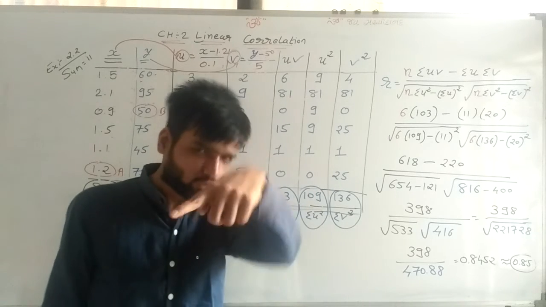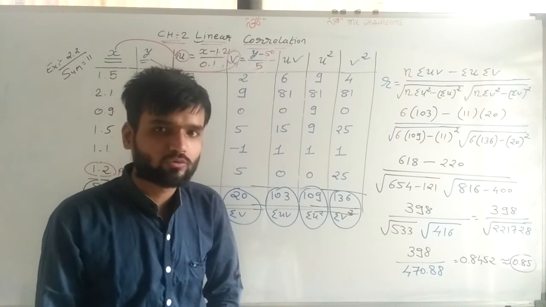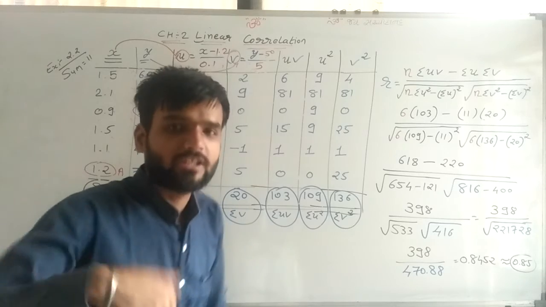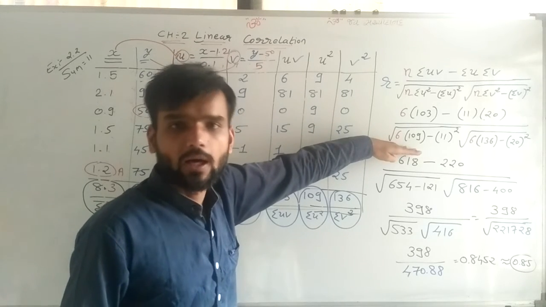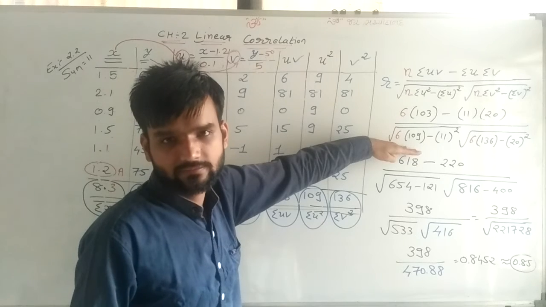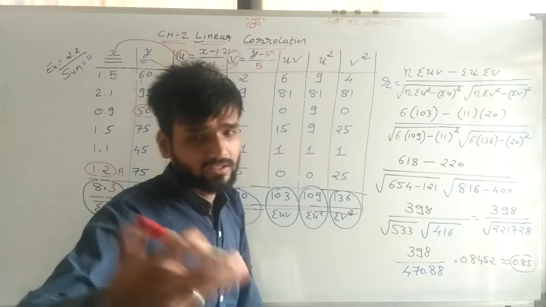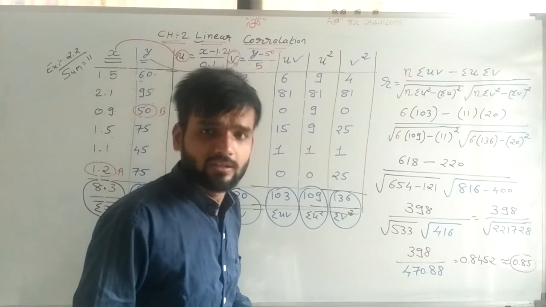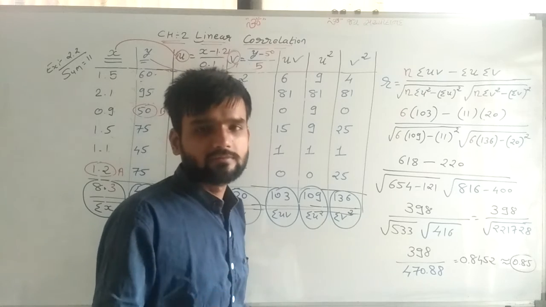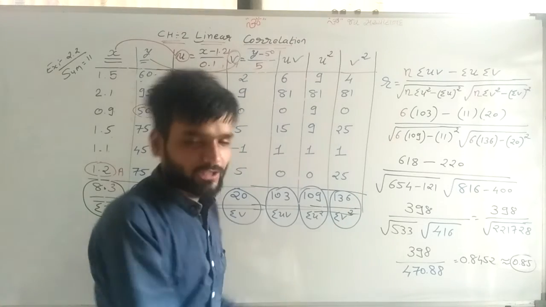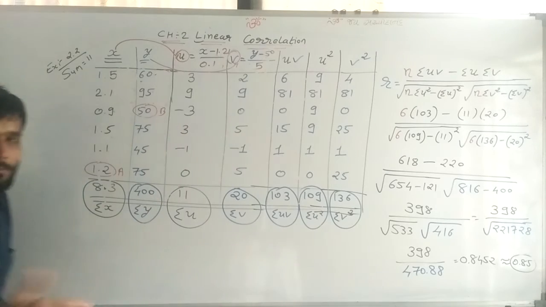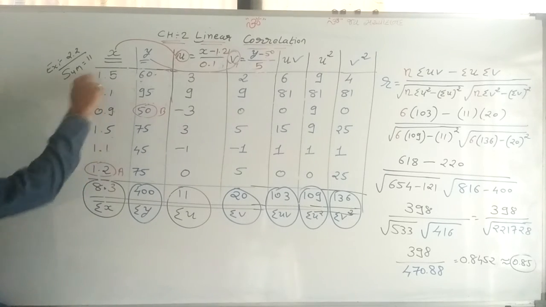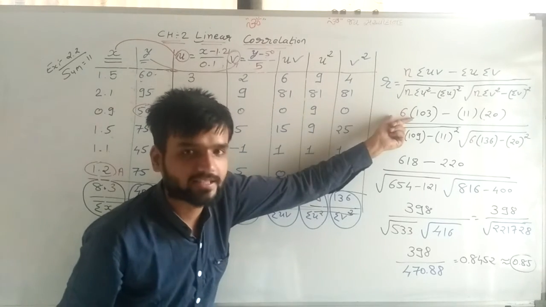And I told you in the last lecture also, from the next lecture I will calculate only up to this, then the rest of the calculation will be done by you. But even today I am explaining the whole thing. Just try to understand. The number of observations is 1 2 3 4 5 6, so n is 6.